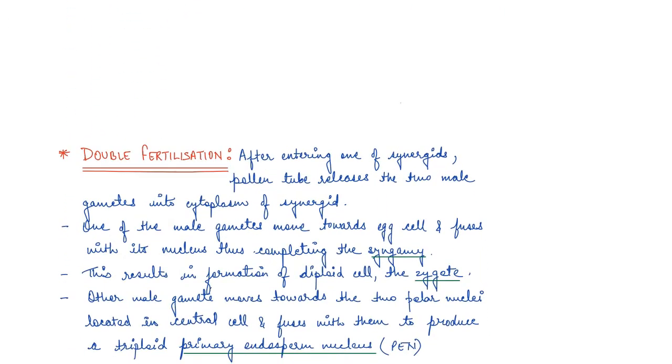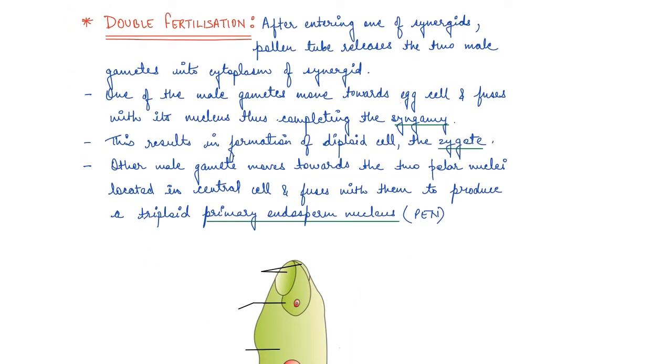Now let's move on to double fertilization. After the pollen-pistil interaction, after the pollen tube enters one of the synergids, the pollen tube releases the two male gametes into the cytoplasm of the synergid.